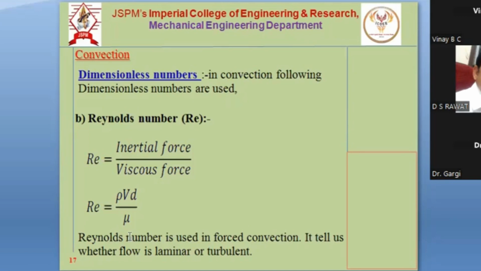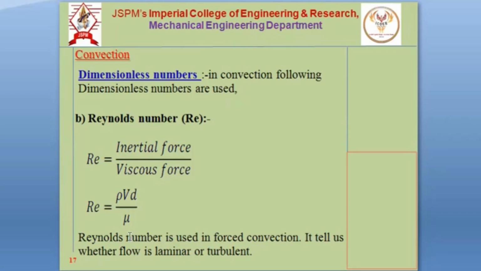Please understand, for today's discussion and tomorrow's discussion, the Reynolds number is very much important. It is the ratio of inertial force to viscous force. The inertial force is because of velocity, and the viscous force is because of viscosity.